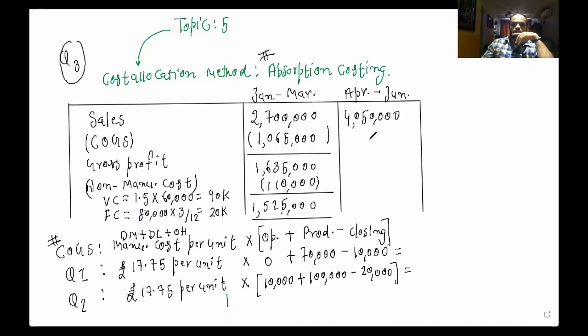So how much is cost of goods sold? $1,597,500.